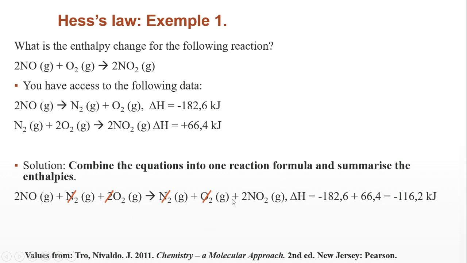And now, if we rewrite this, you will have the same reaction formula as we had up here that we wanted. And we've summarized the enthalpies of these two steps, which is then minus 116.2 kilojoules. So by knowing enthalpy changes of other reactions, we can puzzle those together to find the enthalpy change of the reaction we're interested in, which is kind of neat.